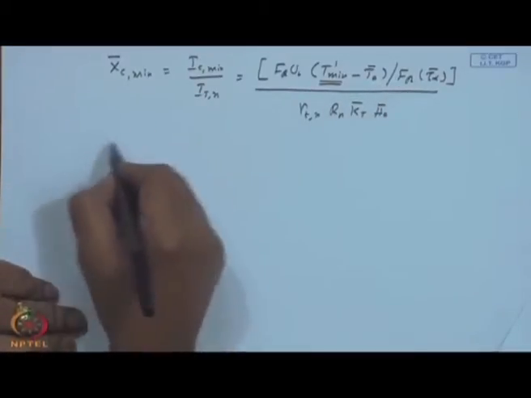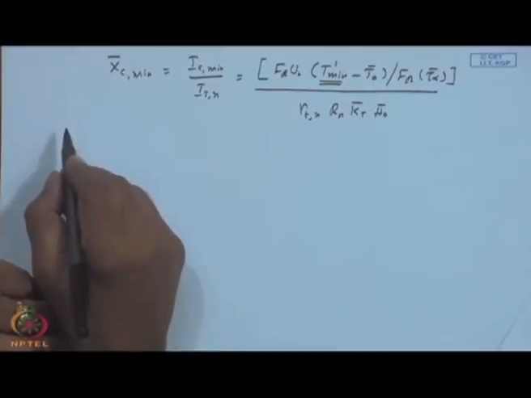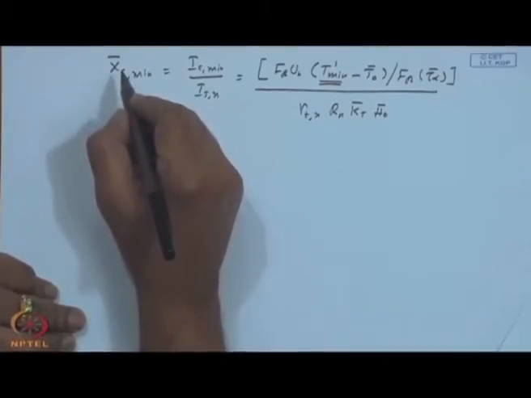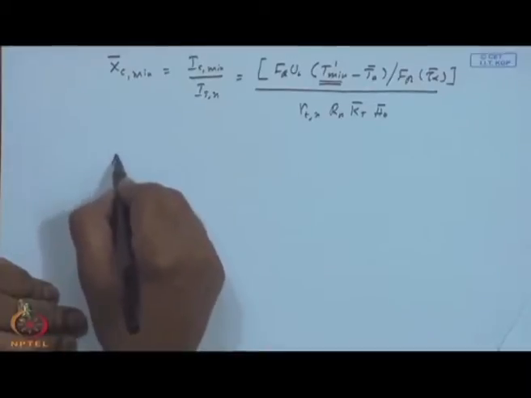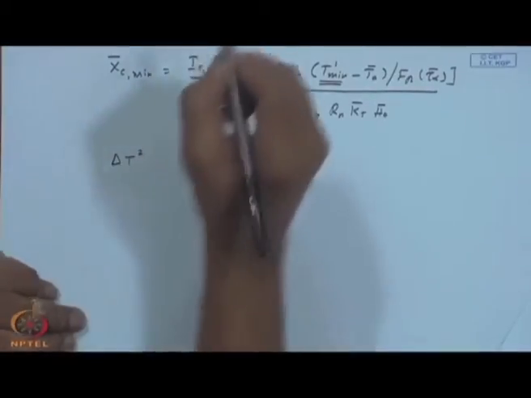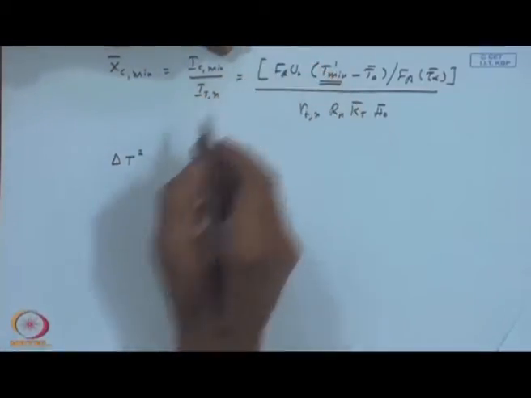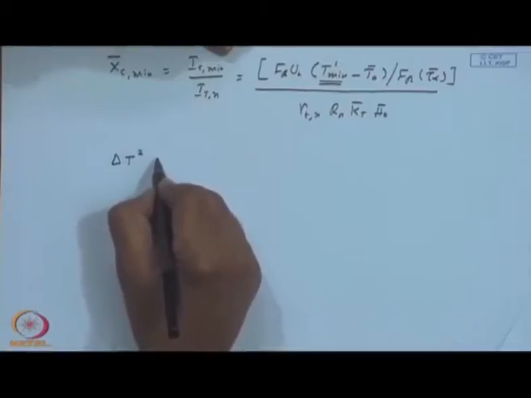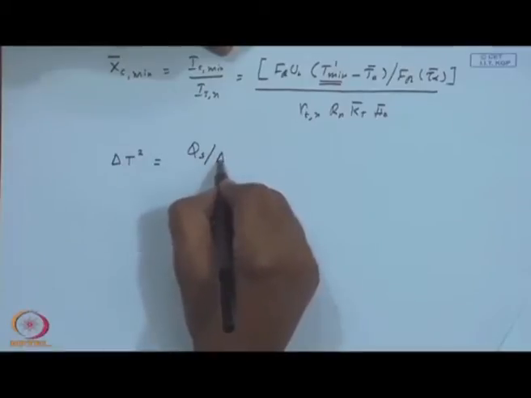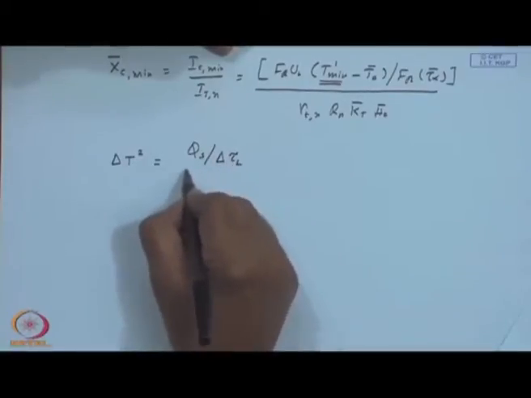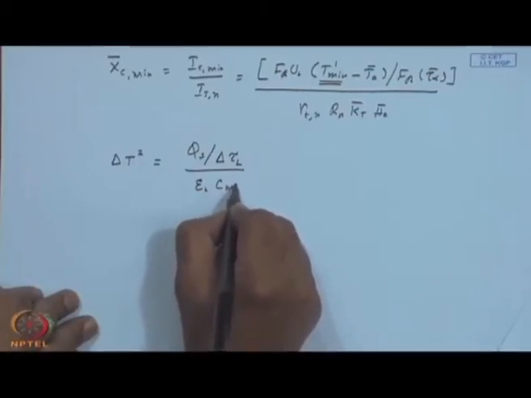Now, if F is the solar load fraction, that means phi bar I have already calculated, x c corresponding to phi bar max, x c bar minimum, and we know y and x dashed, and we know F. So F multiplied by y is the useful energy that is being sent. That will be equal to q s by, I will explain again, delta tau L by epsilon L C minimum.